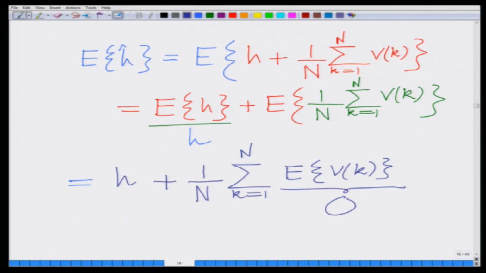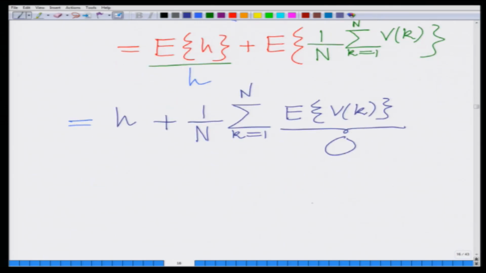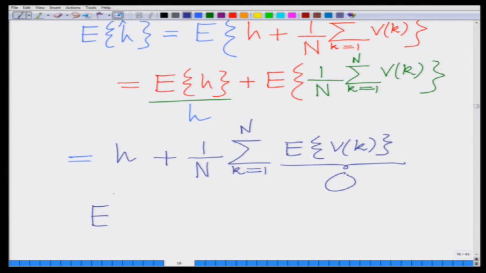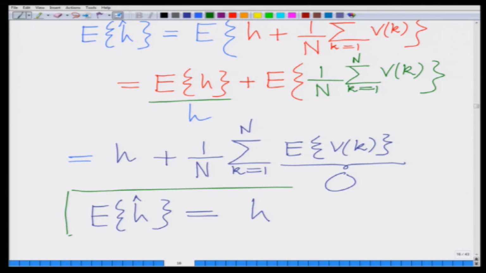So, expected value of each V_k equals 0. Therefore, net what we have is that the expected value of h hat, that is the average value of the estimate, equals h, and this is a very important property.